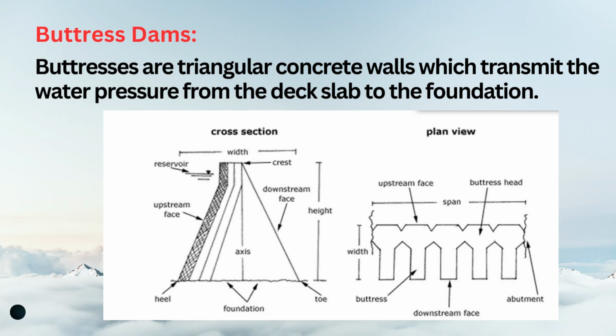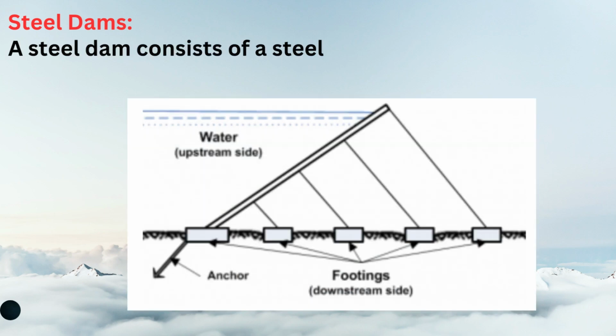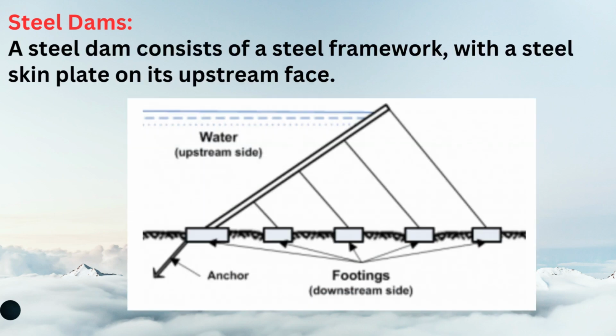The next type of dam is the buttress dam, which has triangular concrete walls that transmit the water pressure from the deck slab to the foundation. You can understand this better by watching this picture.